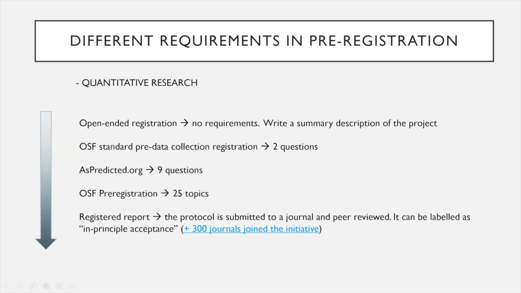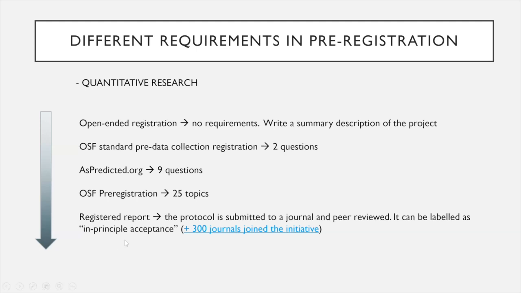And then the registered report, that is the possibility to write a protocol and submit it to a journal. It will be peer-reviewed and maybe labeled with the in-principle acceptance.